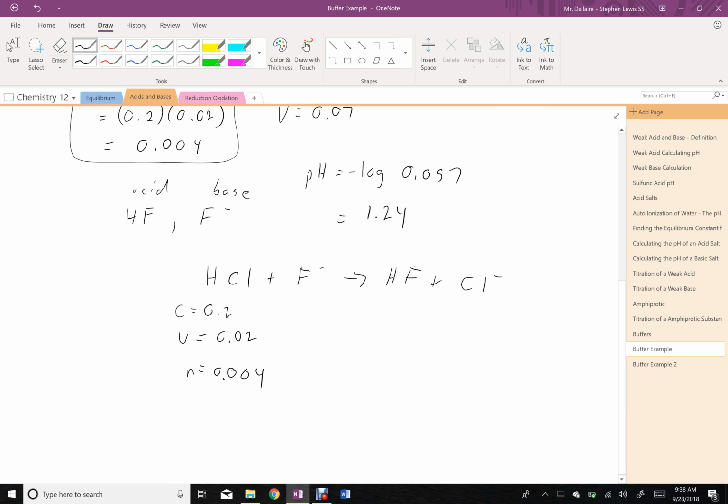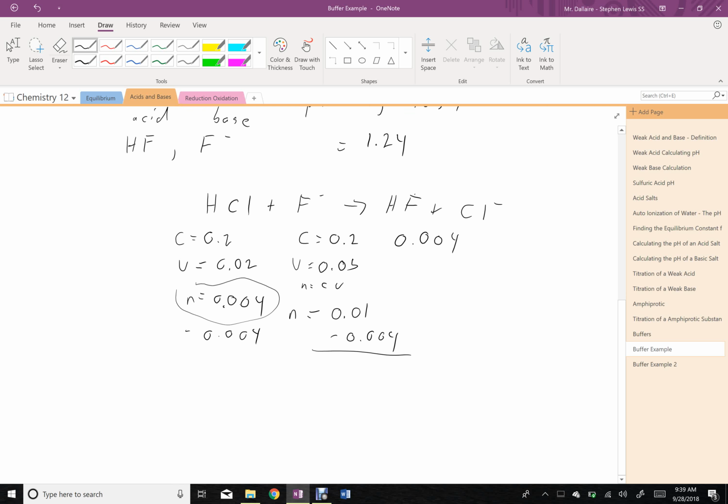So volume is 0.05, concentration is 0.2, so n equals CV, number of moles of 0.01. So this will be my limiting reagent. This will react away completely, producing 0.004 moles of that, and leaving 0.006 moles of that.